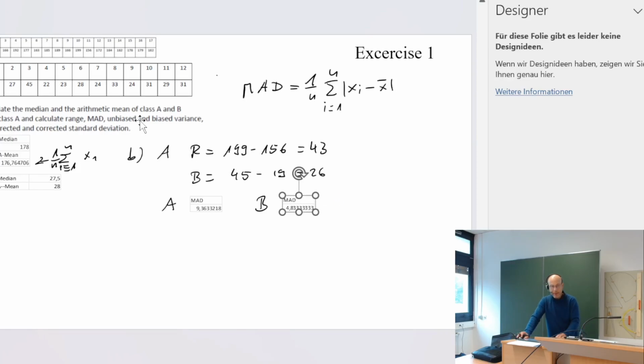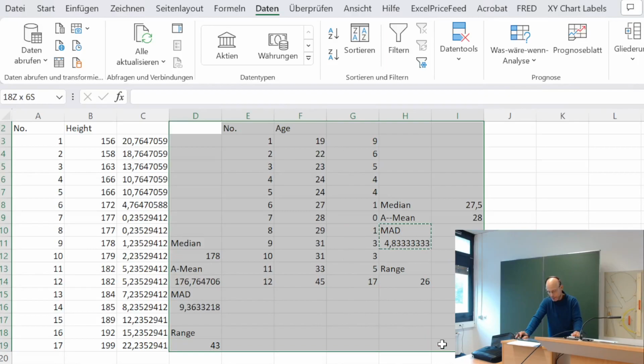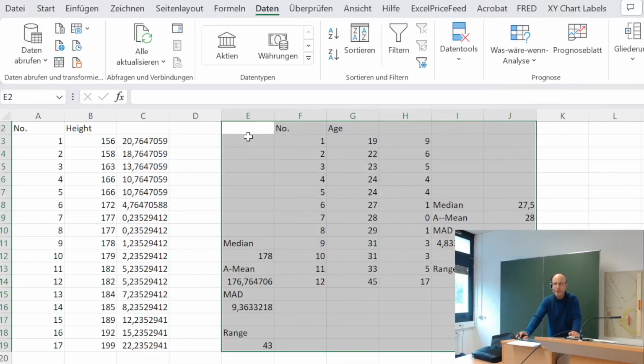So biased and unbiased variance. If we have already our mean average distance, what can we use then from our formula? What do we need for the variance?